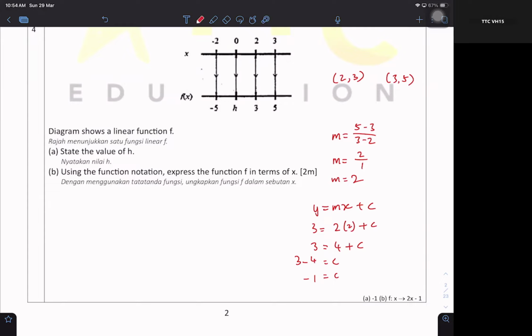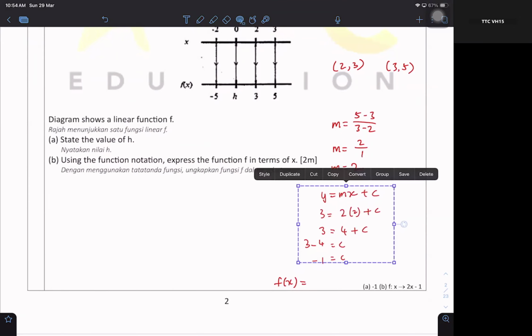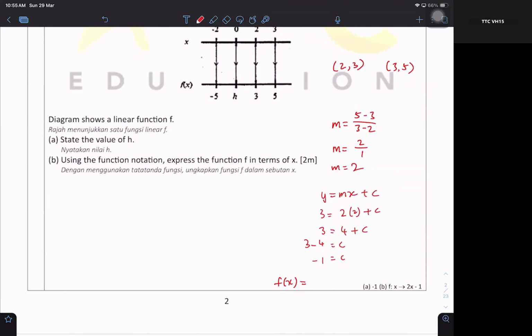Once you got the c, you write out your function. f(x) is 2x minus 1. The m is 2, the c is negative 1. It is actually y equals mx plus c, you just use the m and the c. Understand?